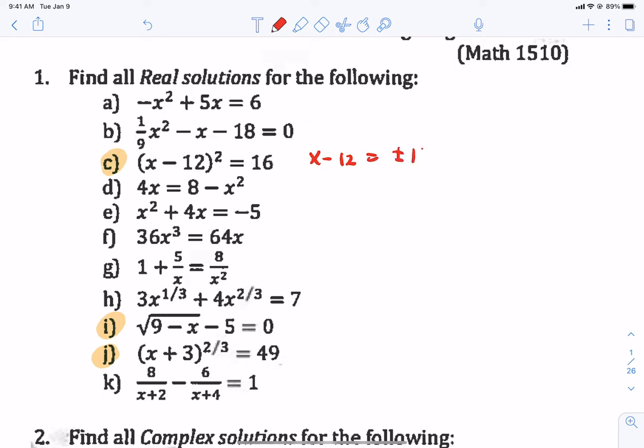And remember, when you square root the 16, you're going to want to have that plus or minus when you take that square root. So we would get 12 plus or minus 4, and then you would actually do 12 plus 4 and 12 minus 4.